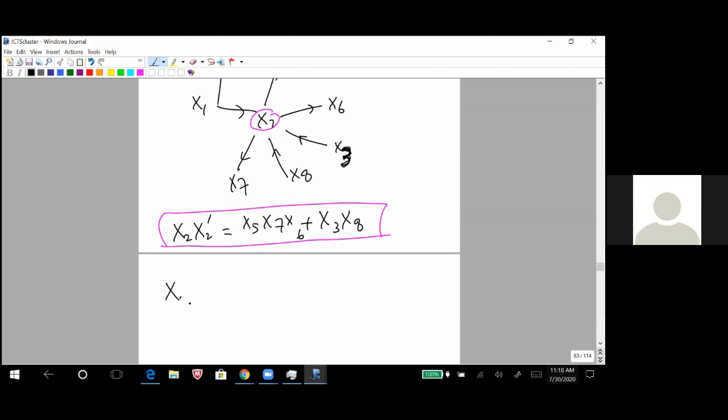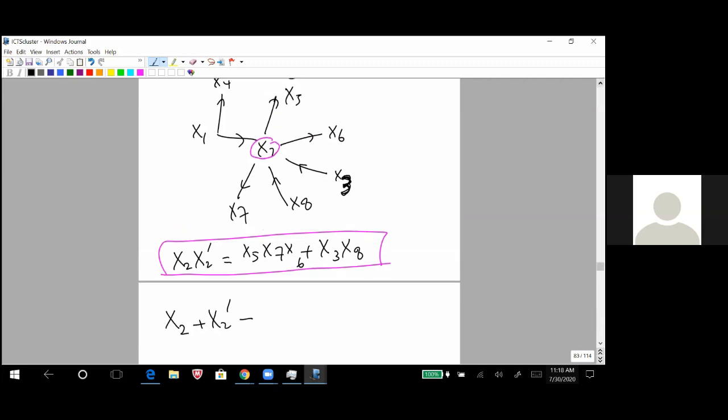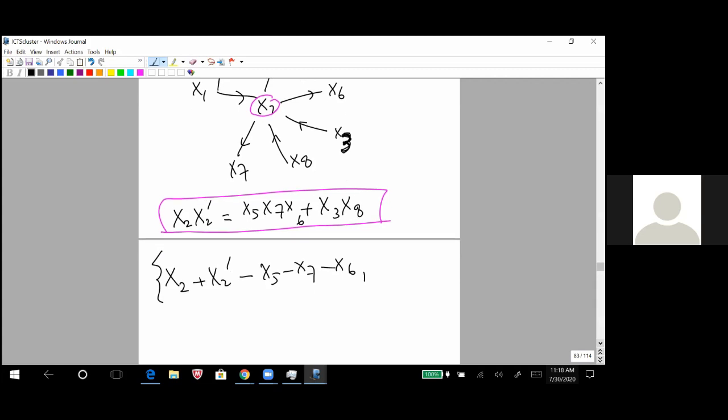The linear relations are x2 plus x2 prime minus the ones that are connected by going out. So that would be x5, x7, and x6. So minus x5, minus x7, minus x6. That's one linear relation. And another linear relation is x2 plus x2 prime minus the ones that are going in. So minus x3 minus x8.